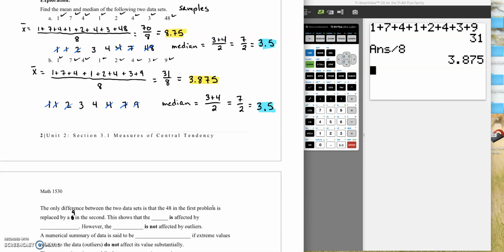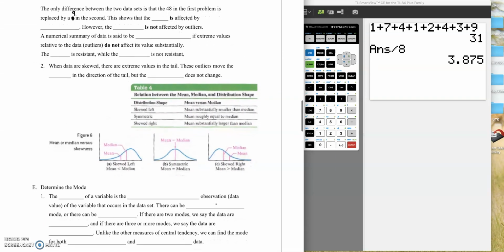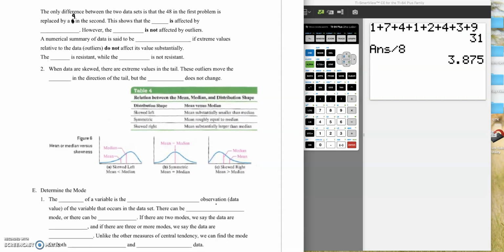So the only difference between the two data sets, again, is that there's a 48 in the first problem and it's changed to a 9 in the second problem. So what this shows us is that the mean is affected by what we call outliers. However, the median is not affected by the outliers.